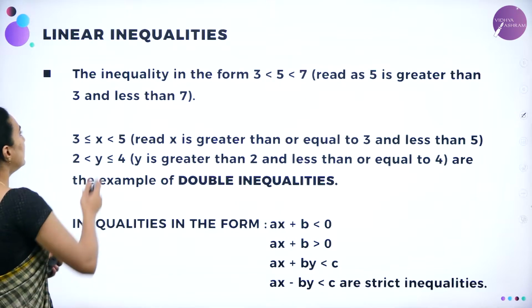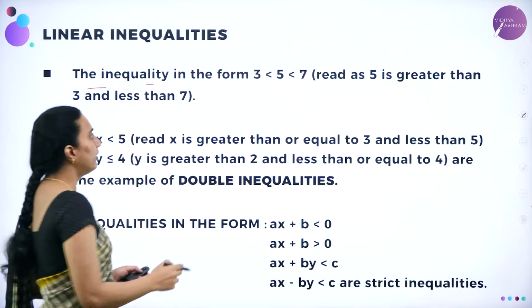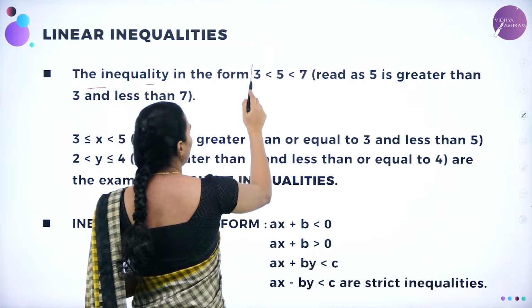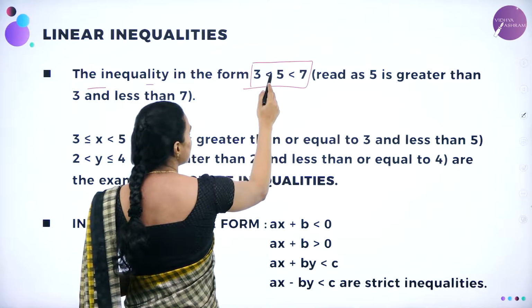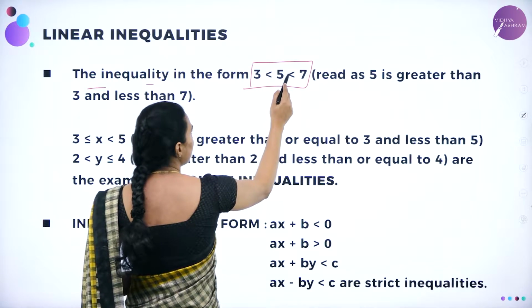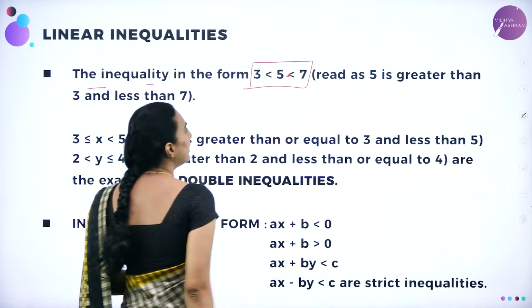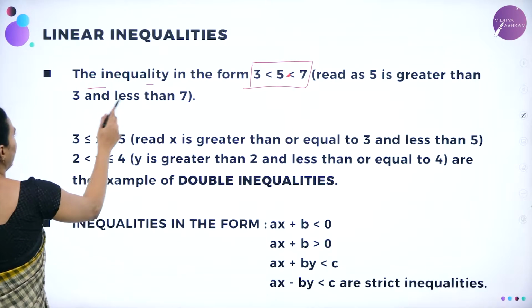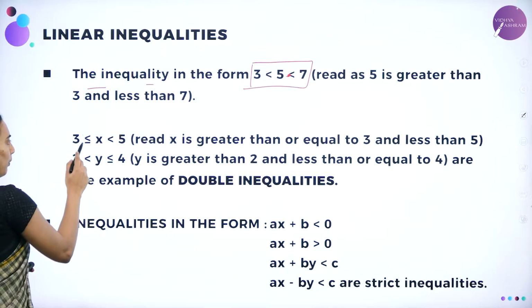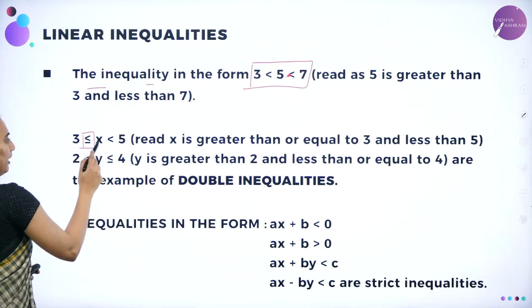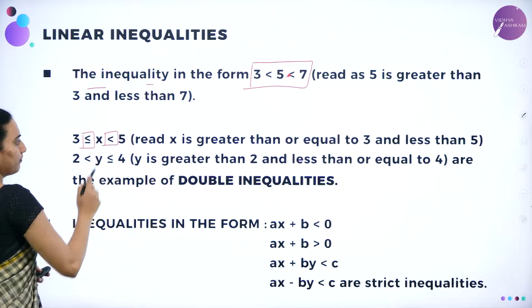And then here the inequality in the form of like this: 5 greater than 3 obviously, and 5 lesser than... See dear students, this is the symbol greater than and this is the symbol lesser than, I am pointing out. Read it as greater than 3 and lesser than 7. So here also x is greater than or equal to 3 and x is lesser than 5.